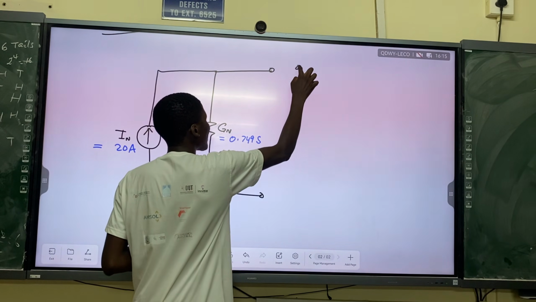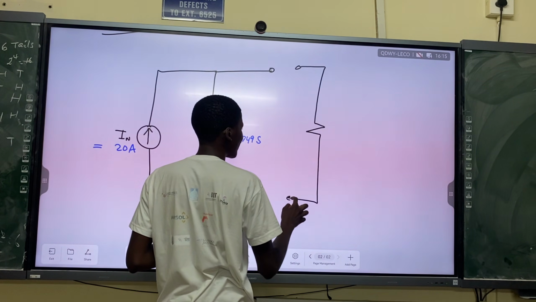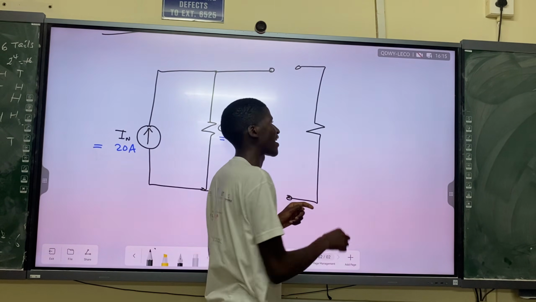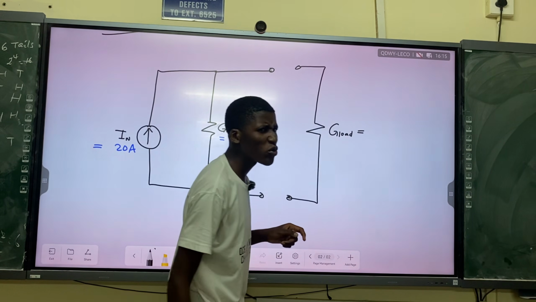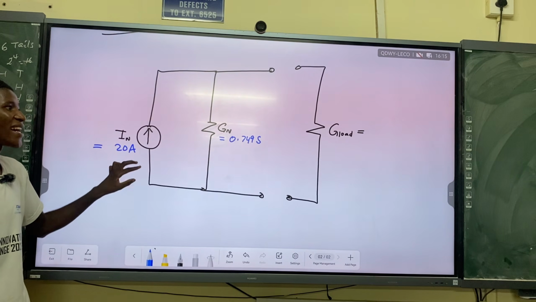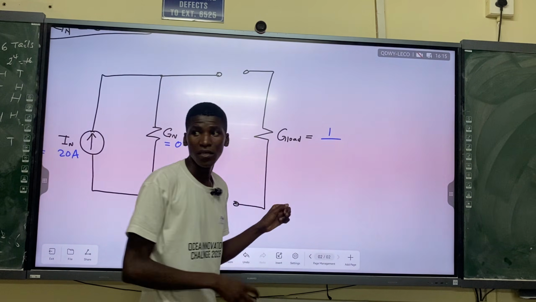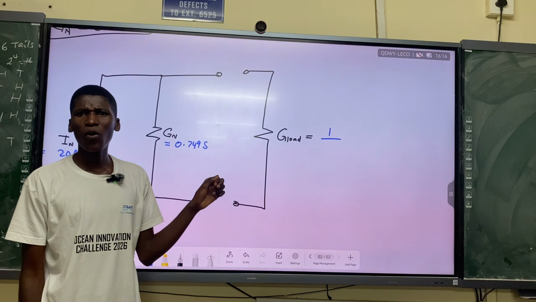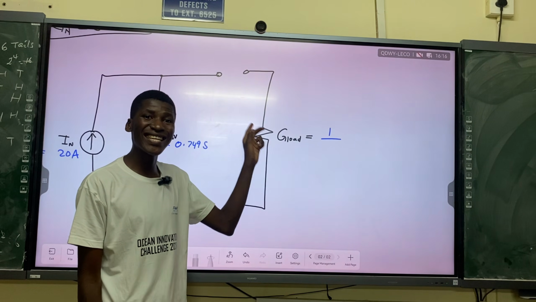Then on the other side we have the load resistor. So here we have our load resistor RL, but we consider its conductance. So I'm going to say load conductance. What is going to be our load conductance here? It is 1 over the load resistance.